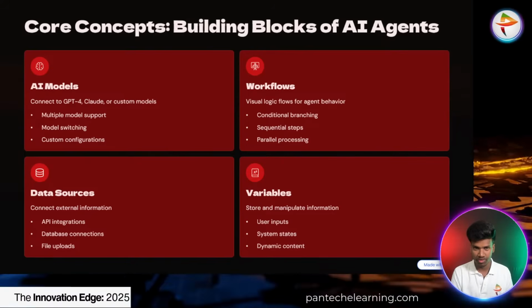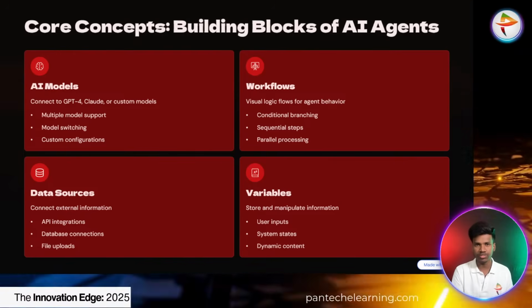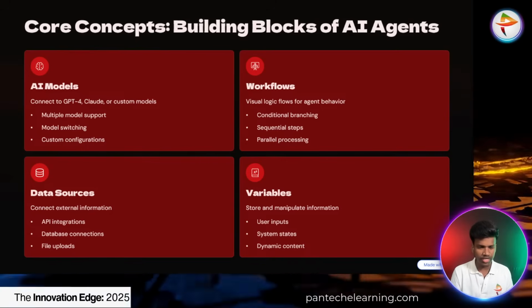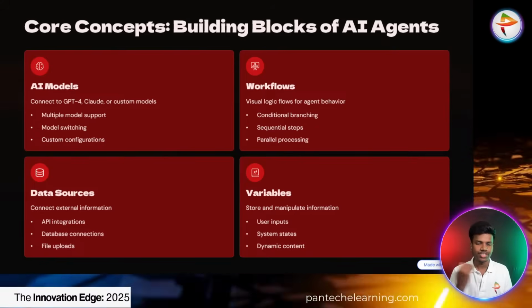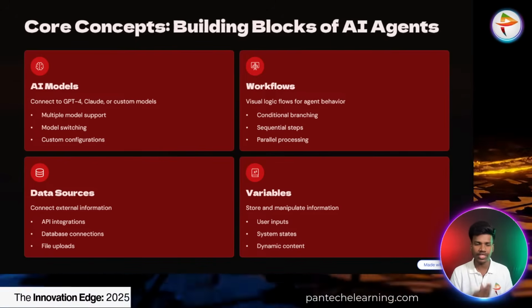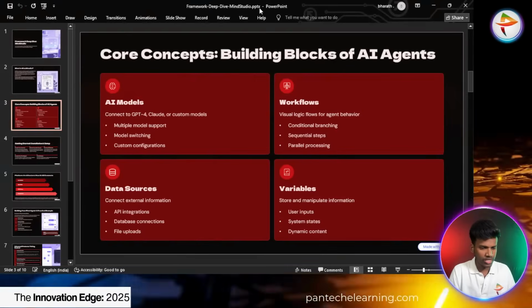That is a workflow. Every process and every project works based on the workflow. Visual logic flows for agent behavior, conditional branching, sequential steps, and parallel processing, everything is a workflow.